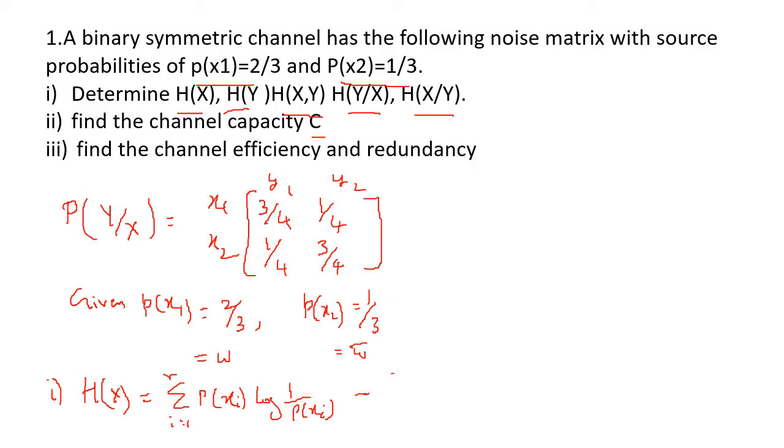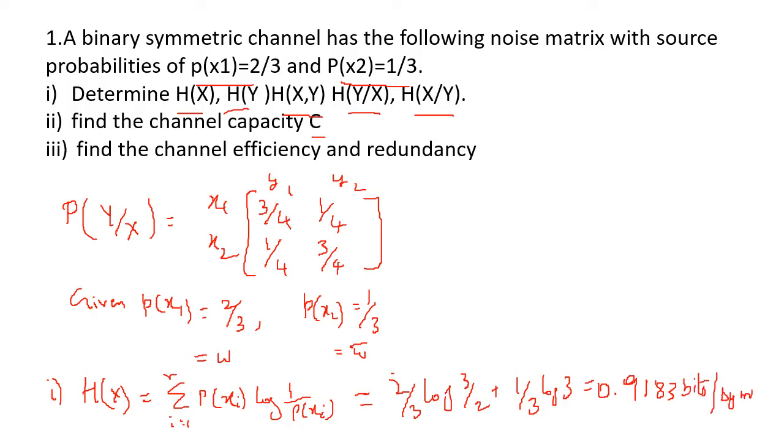So when you are going to substitute P of xi here, that is P of x1 and P of x2, it is 2 by 3 log 3 by 2 plus 1 by 3 log 3. So h of x you are going to get after substitution as 0.9183 bits per symbol. So this is h of x.